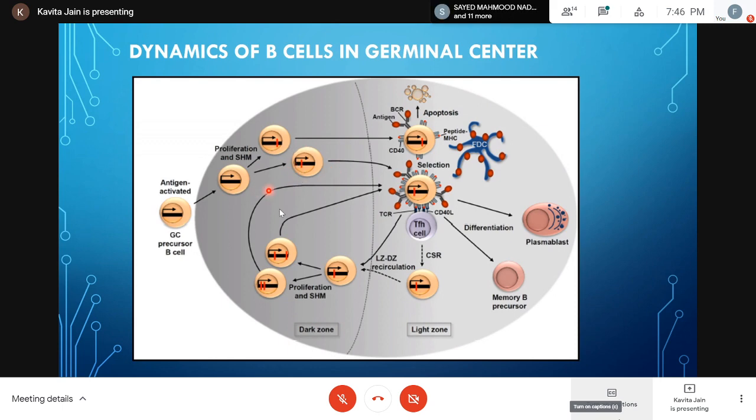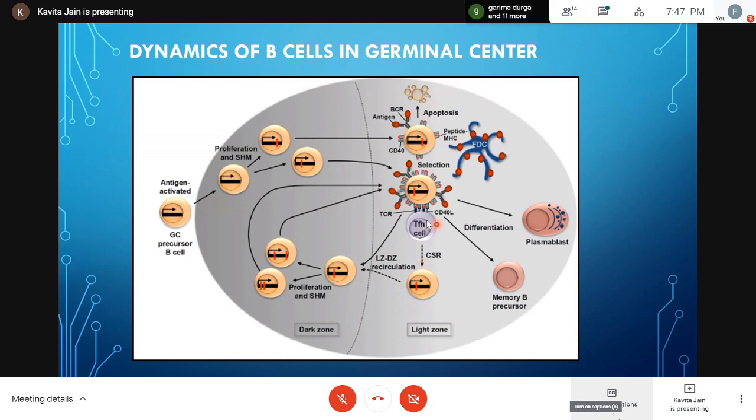So definitely we get high affinity receptors from here. Now from the dark zone, they move to the light zone, where B cells with high affinity receptors are recognized. They present the antigens with the help of MHC class 2.